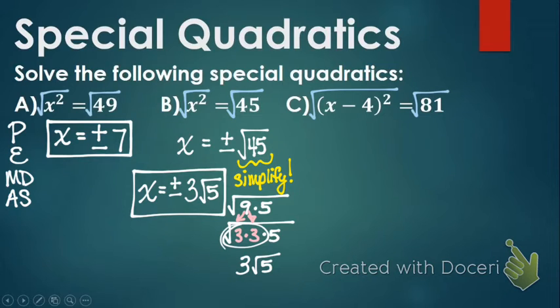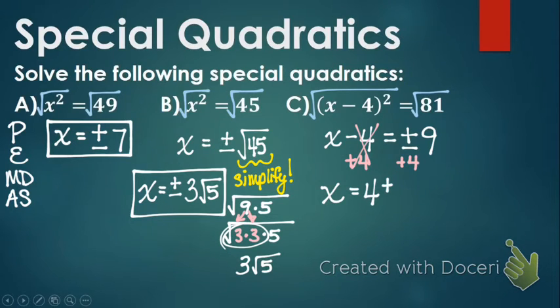So on the left, I have x minus 4. What do I have on the right? Plus or minus 9. I want to get the x all by itself, so what would I do now? Add 4 to both sides. So I'm going to get x equals 4 plus or minus 9.